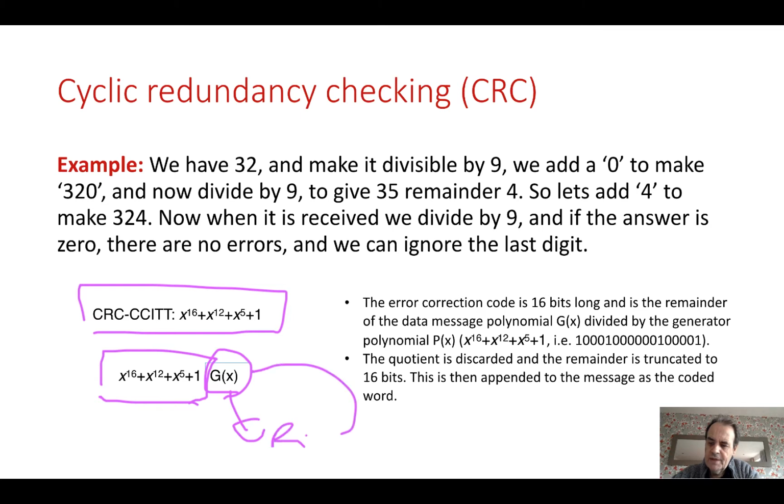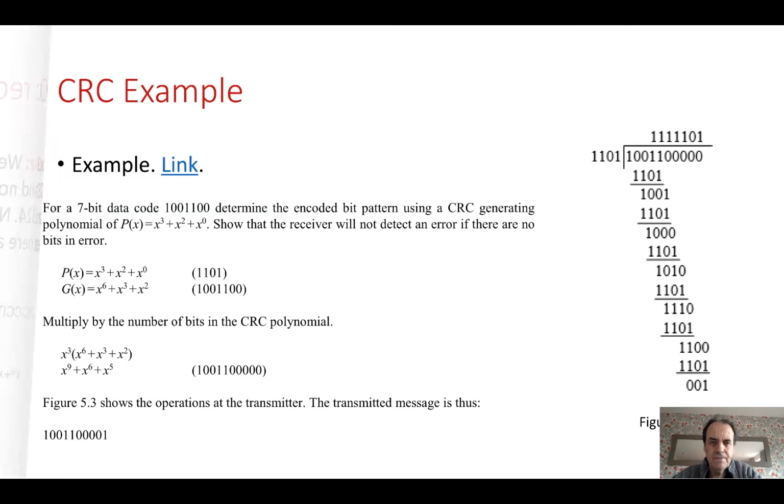We then add the remainder onto the message bits, and then at the other end we will do a divide. If the result is 0, then everything is okay and there probably hasn't been any errors in the value. So this value here can detect single, double, triple errors and so on. It's fairly robust and well defined in the industry.